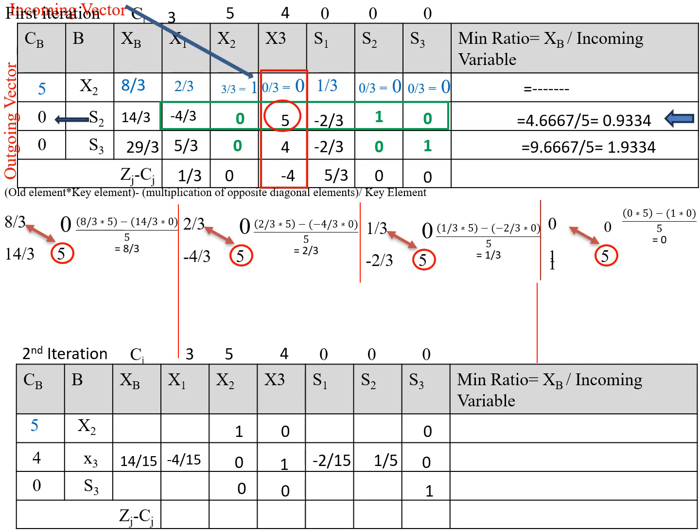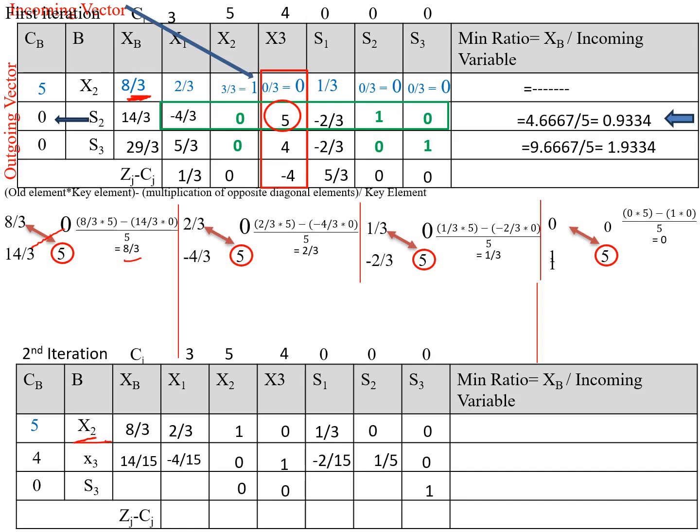First we have to look at the x2 variable. So for the xb here, the old element is 8 by 3. So 8 by 3 and the key element is 5 and the diagonal elements are 0 and 14 by 3. Here it will come 8 by 3. Similarly, next one will become 2 by 3. Next it will become 1 by 3. Next one is 0.